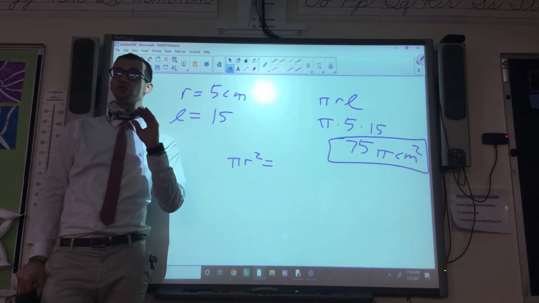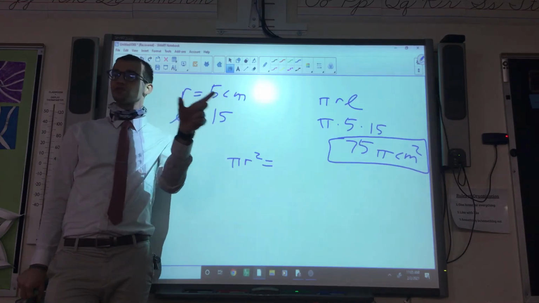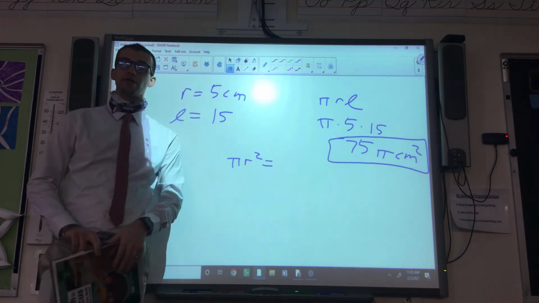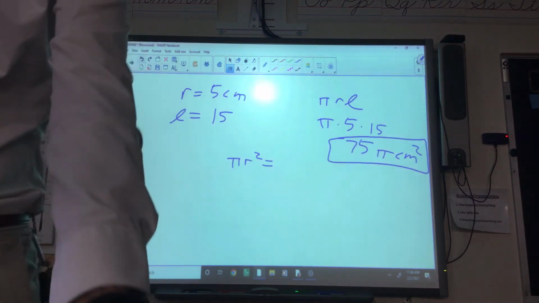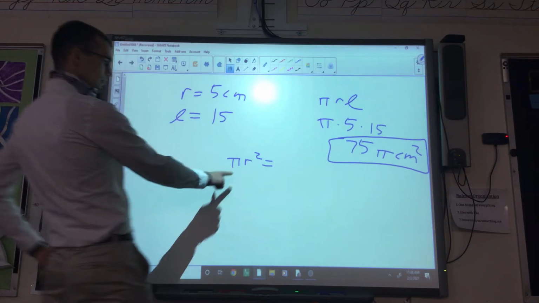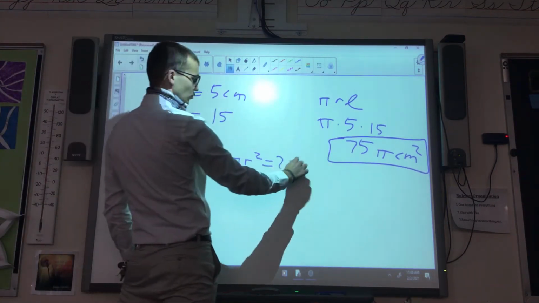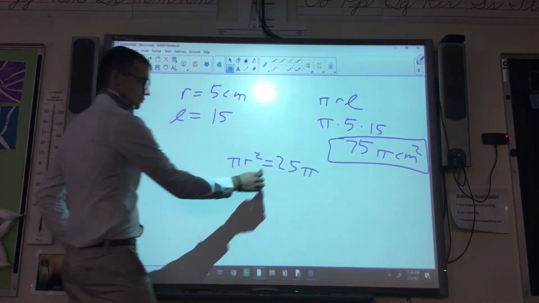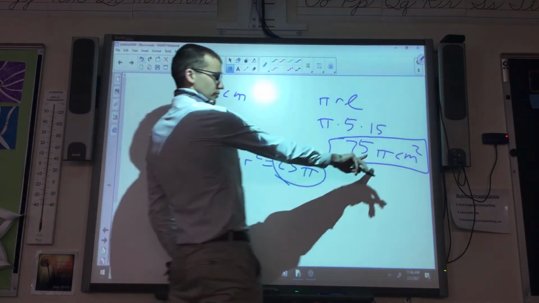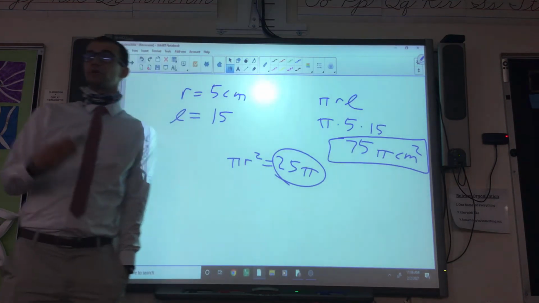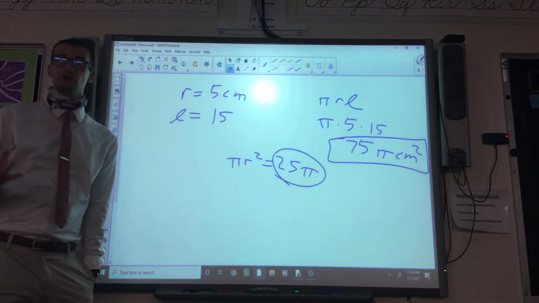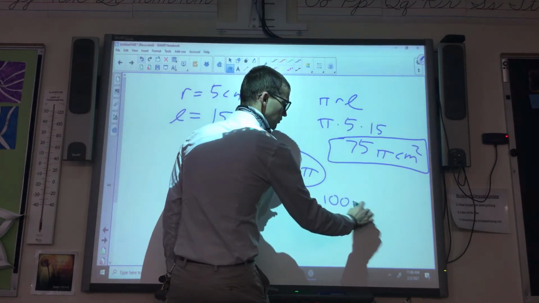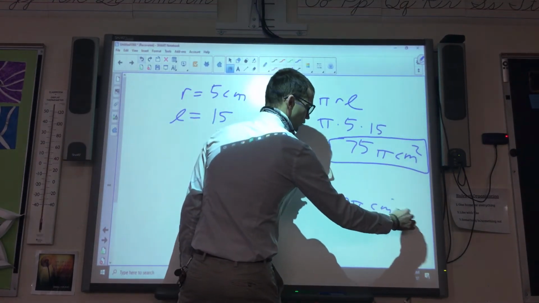Once you have the exact answer, then you can just multiply it by 3.14 and you have the approximate answer. If you try to find the approximate answer, you're going to have to do a lot more multiplying by 3.14. You would do a radius squared. This is 25 pi. That's the circle. So you've got 25 pi for the circle, 75 pi for the curved surface, and then you add them together, you've got 100 pi centimeters squared.